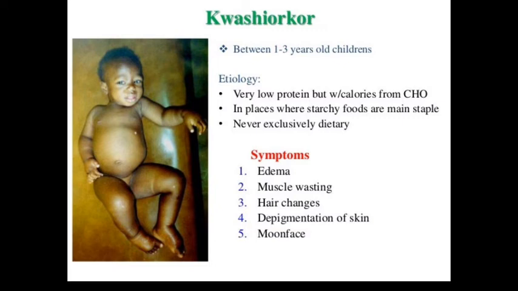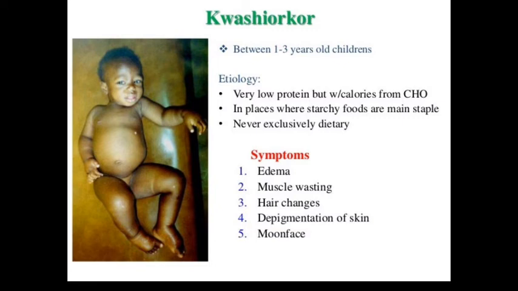Now let's revise it. Here you can see in the picture the clinical manifestations which are visible physically. It occurs in children between the age of 1 to 3 years.